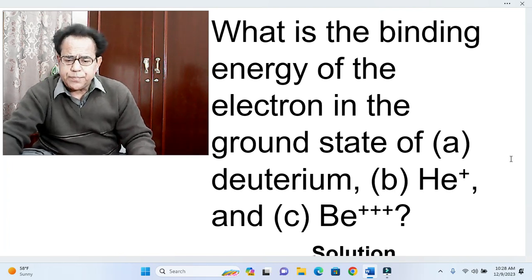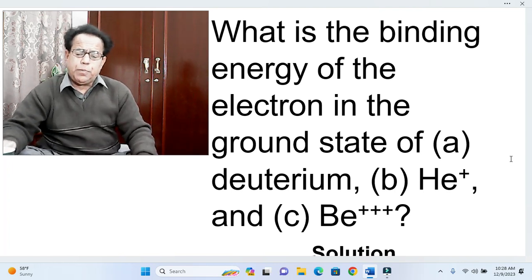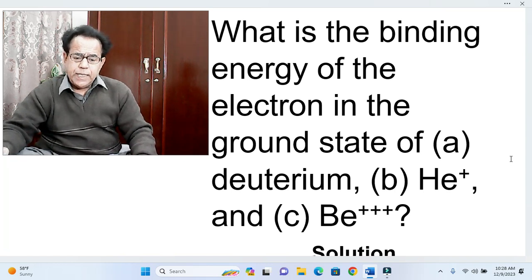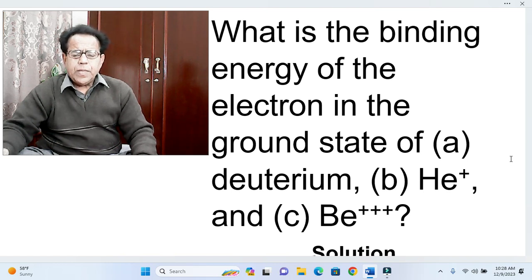So, dear students, this problem has three parts. Actually, hydrogen has isotopes. First is protium, in which only one proton is present.